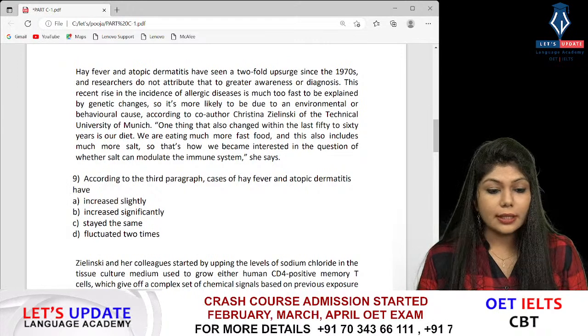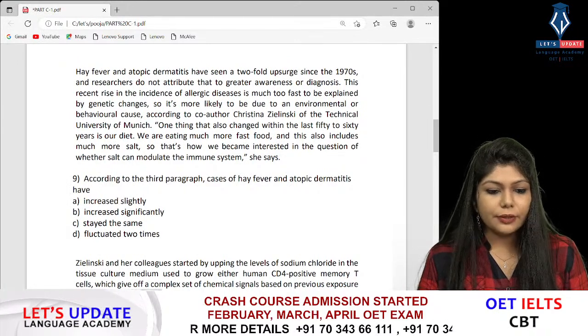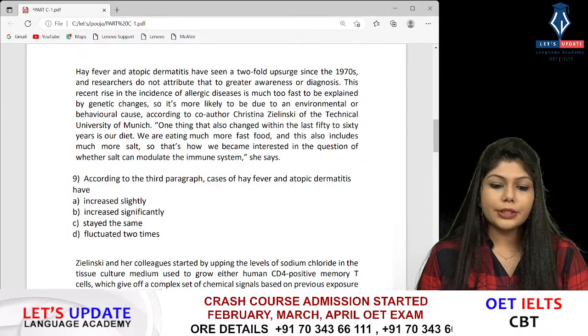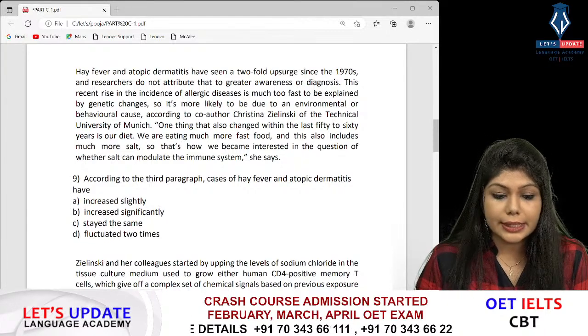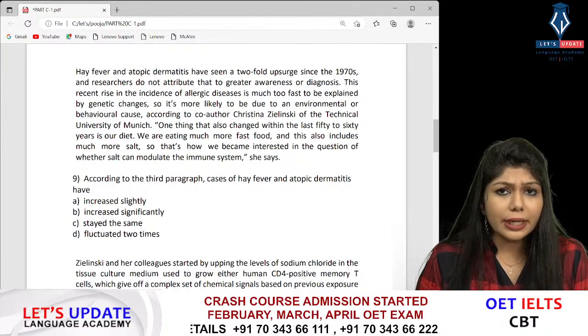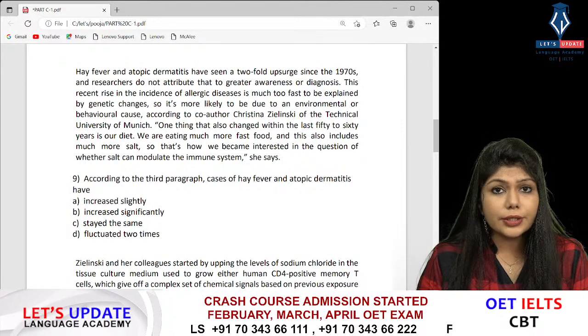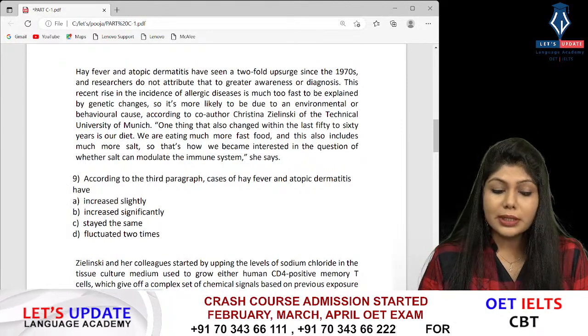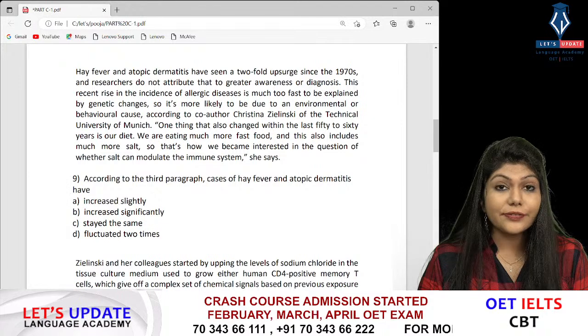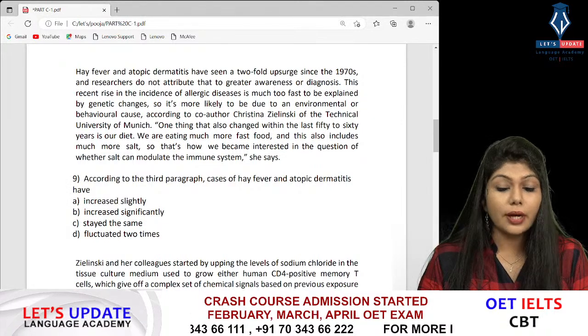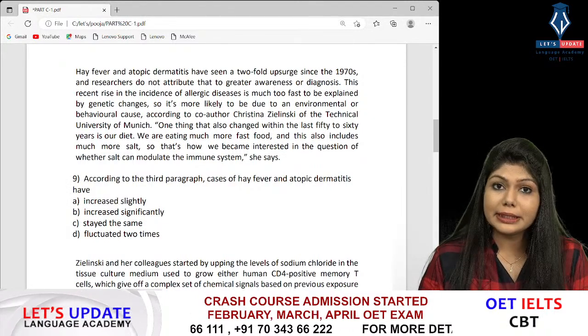Now let's read it together. Hay fever and atopic dermatitis have seen a twofold upsurge since the 1970s, and researchers do not attribute that to greater awareness or diagnosis. This recent rise in the incidence of allergic diseases is much too fast to be explained by genetic changes.